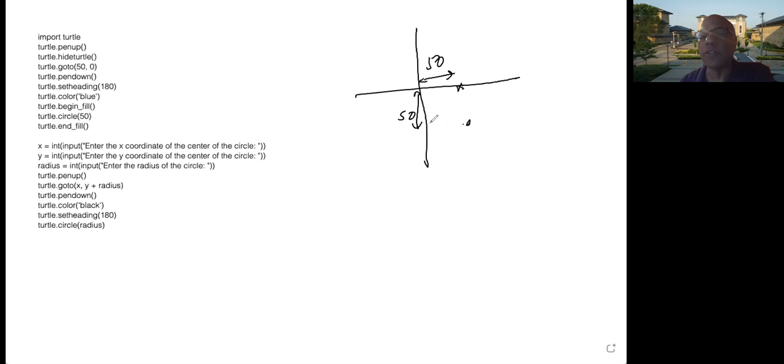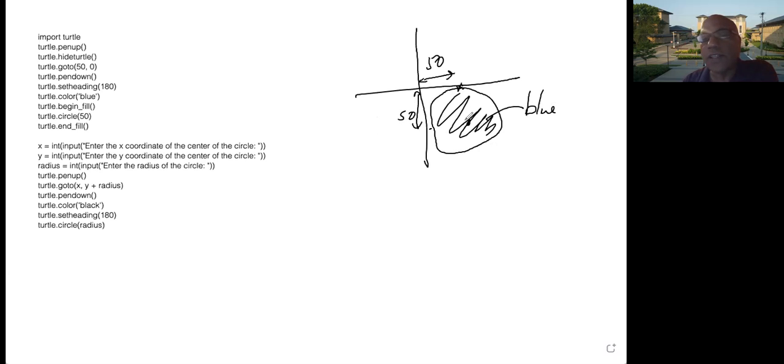And we wanted a circle. Okay, we wanted a circle here that is all blue colored. That is what we want. And then we wanted a circle wherever the user specified. Let's wait on that. Let's just see how to draw this circle.